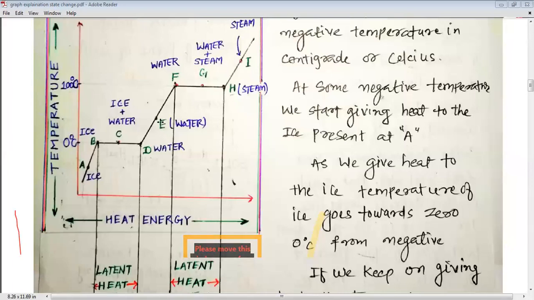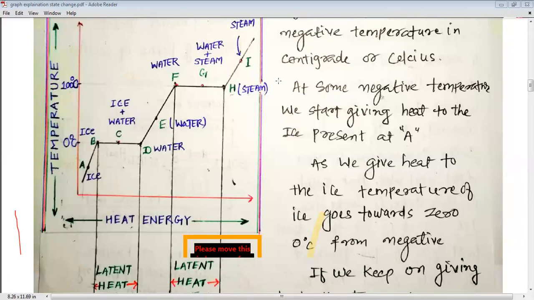At point E, we again have 1 kilogram of water. But the 1 kilogram of water at point E has a higher temperature than the 1 kilogram of water that was present at point D. At point D, the water had a temperature of 0 degrees centigrade.